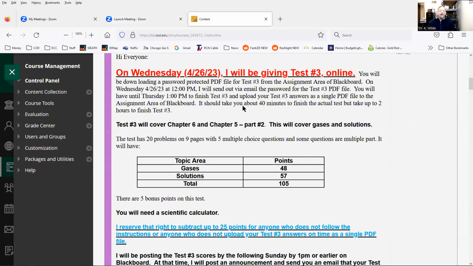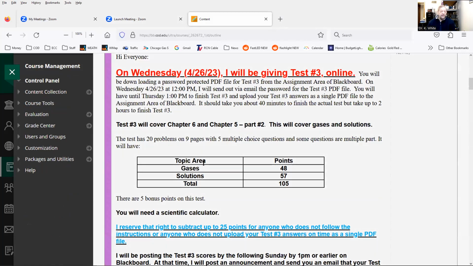And again, tomorrow, test 3 will be online. Here's the information. You got an email. Test number 3 will cover chapter 6, which is gases, and chapter 5, part 2, which is solutions.